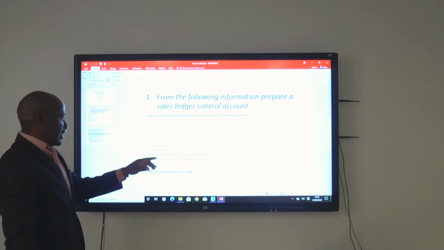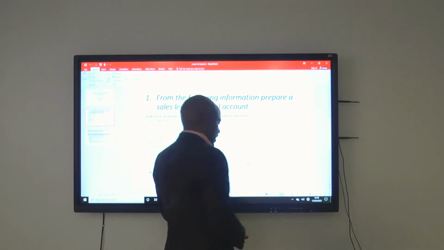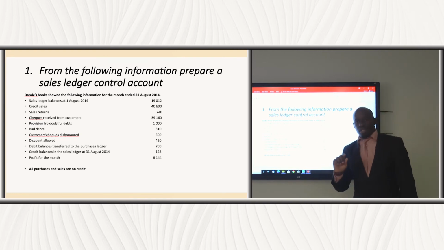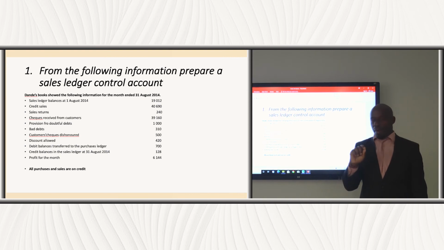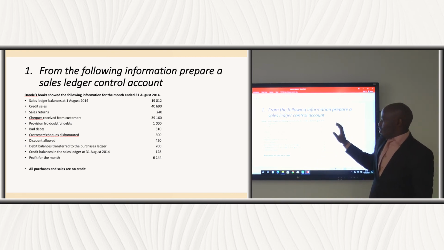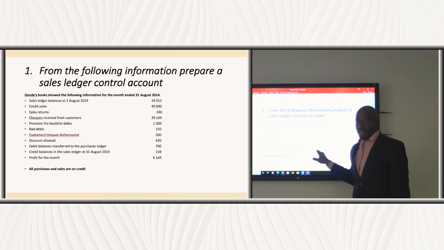What is the next transaction? The next transaction here is debit balances transferred to the purchases ledger. So it is not unusual for two firms to be doing what you call intertrading, where the firm happens to be a supplier and also happens to be a customer. Right. Now, this is where we have a debit balance being transferred to a purchase ledger.